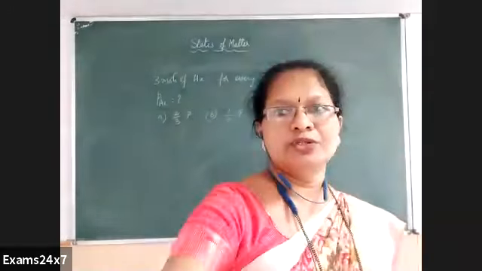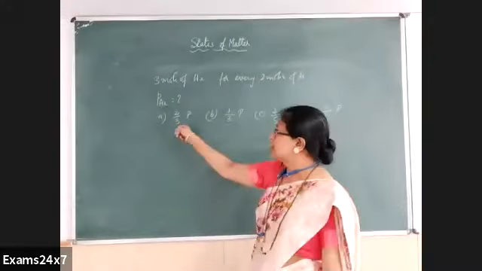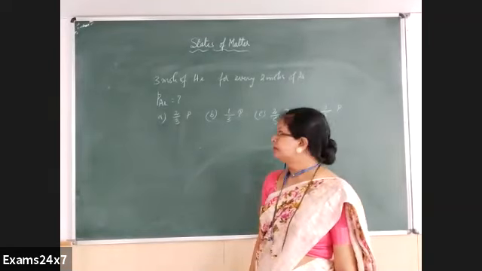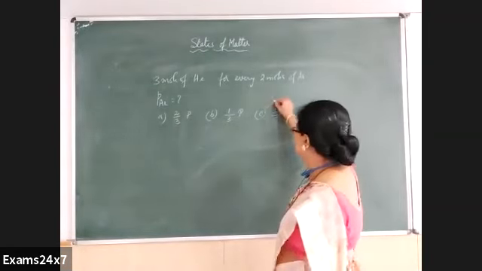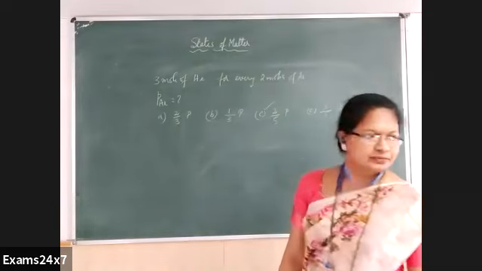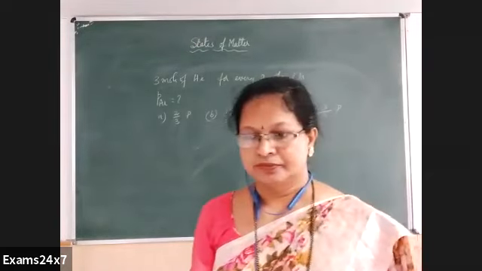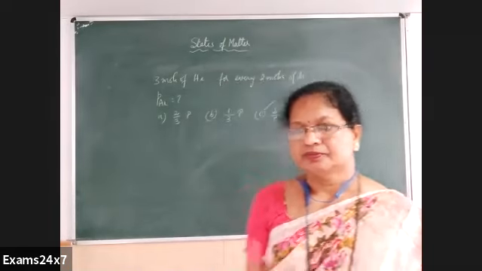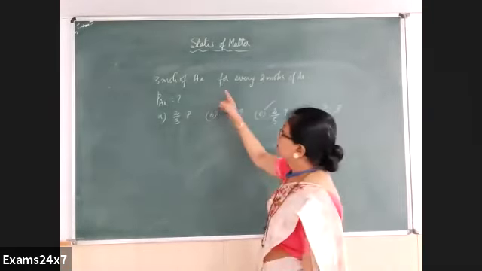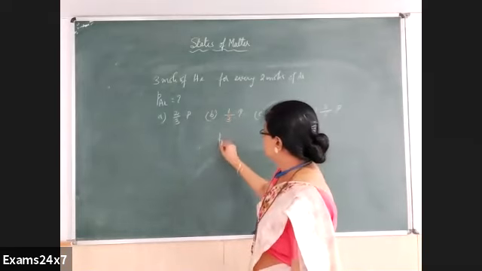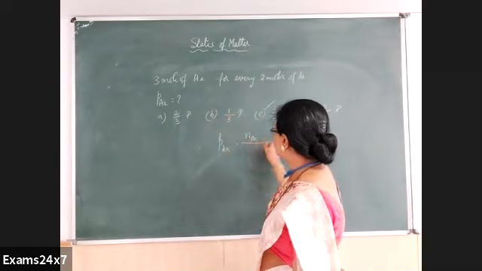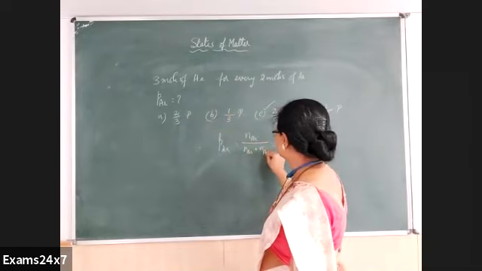Ma'am, what is the total pressure? That is given in the option, right? Total pressure is not required. The options are given in terms of total pressure itself. Yes, you got option C, 2 by 5 P. Partial pressure of argon requires the number of moles of argon over the number of moles of argon plus the number of moles of helium.